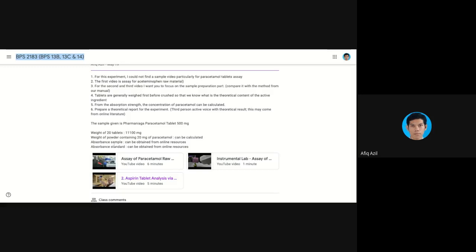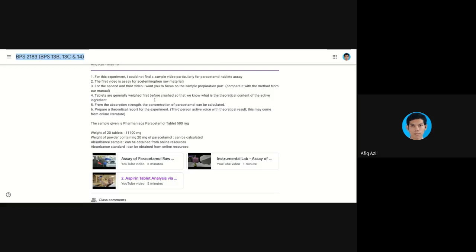You have to take one for sample, one for standard. Actually, in the video just now, they also have some values that you can use as well. So up to you, you can use that or you can take from other references, because I have searched, and there are reported values for the absorbance for the tablet samples and also for the standard itself.